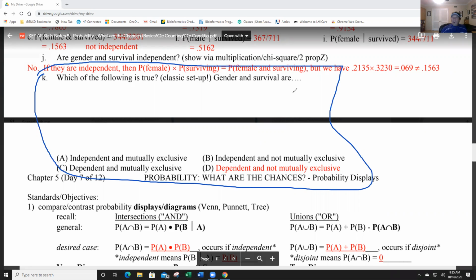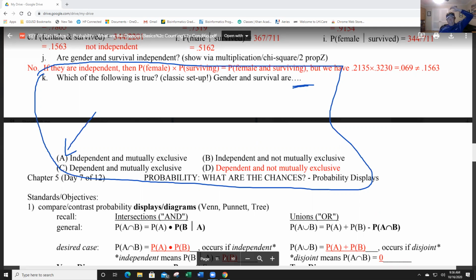Gender and survival are, and there are four options: independent and mutually exclusive, and so on. So you have A, B, C, and D here. I'm going to go through all of these. Obviously you see the answer because it's in red. One of these is not possible, and the one that is not possible is item A.